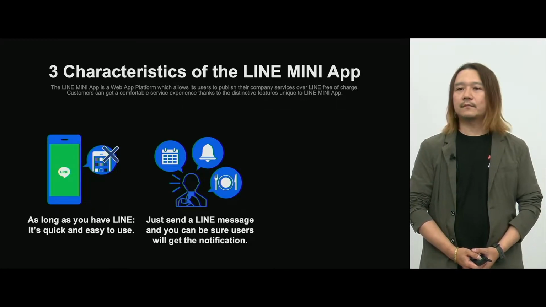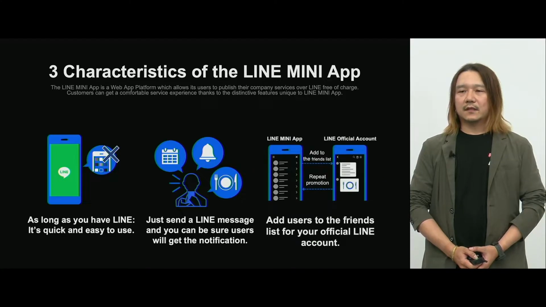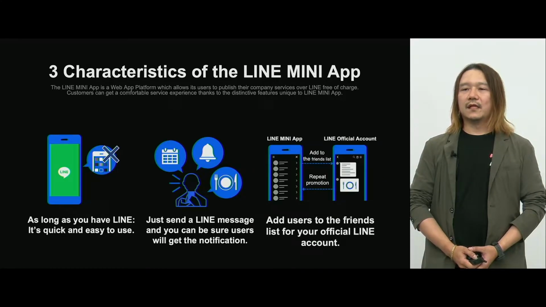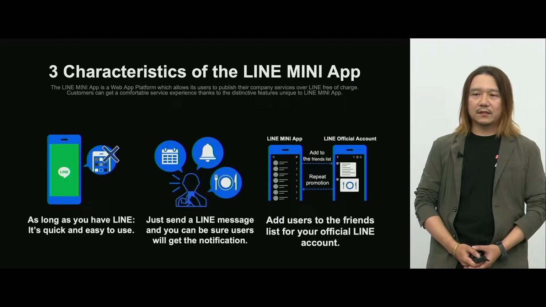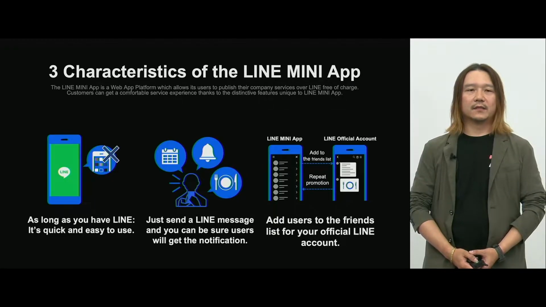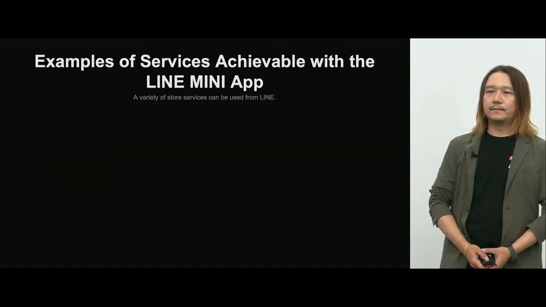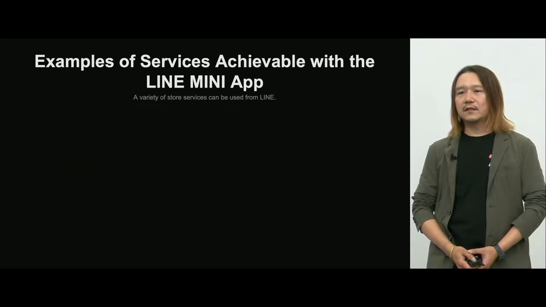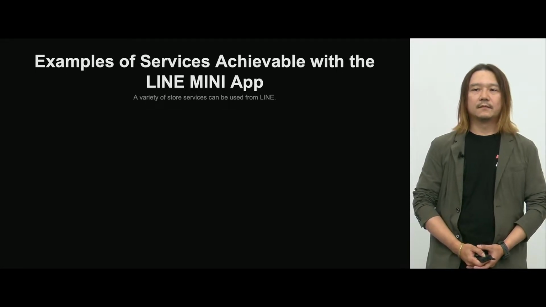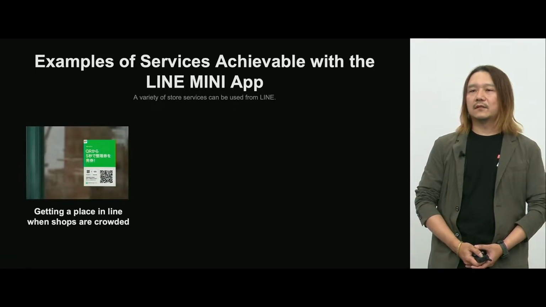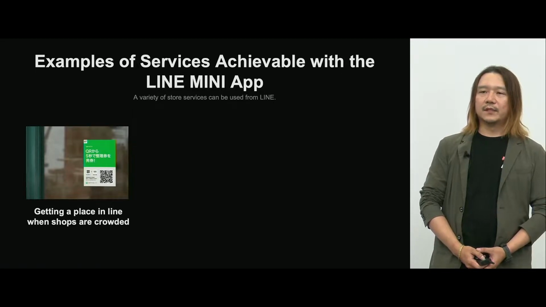This is the biggest difference from general apps. And when you add the users to the friend list of the LINE official account, then you can send a notification continuously.